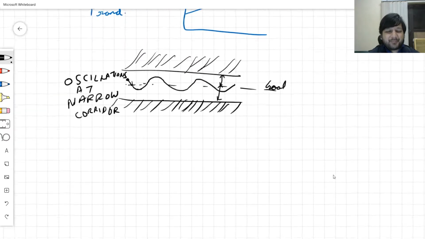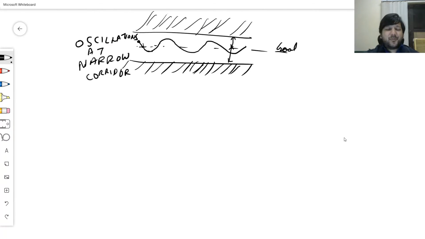I'll start off with the most intuitive way. You have a camera which you mount at your ceiling and it looks down, and this is your arena.